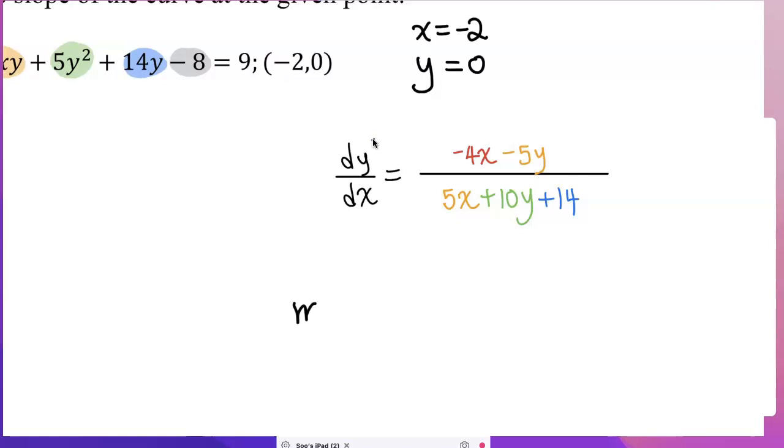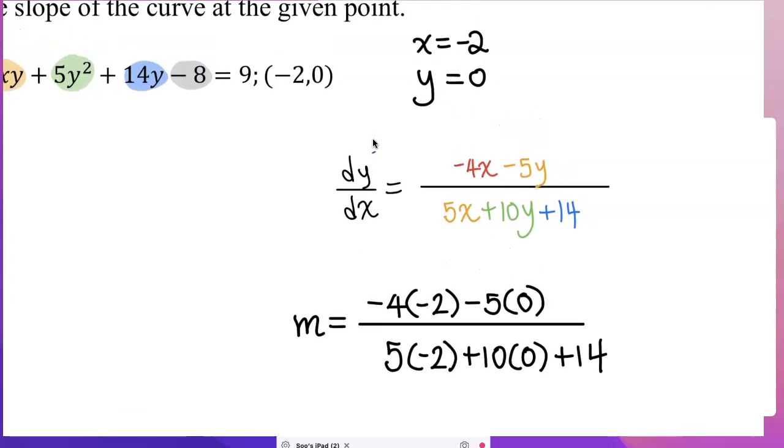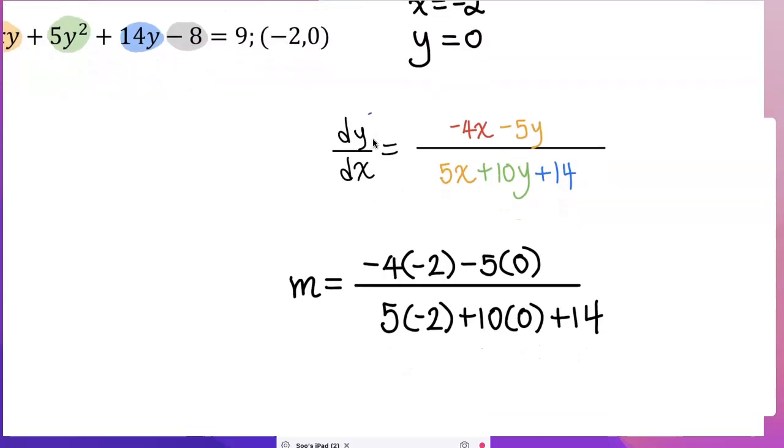The slope of the tangent line is equal to, on top of the fraction, negative 4 times negative 2 minus 5 times 0. And at the bottom of the fraction, 5 times negative 2 plus 10 times 0 plus 14. So I just plugged in x of negative 2 and y of 0.